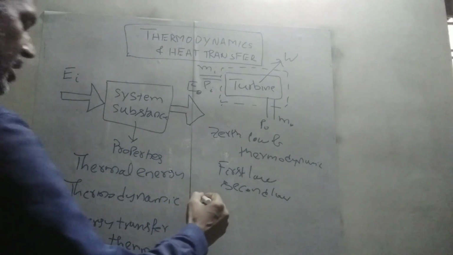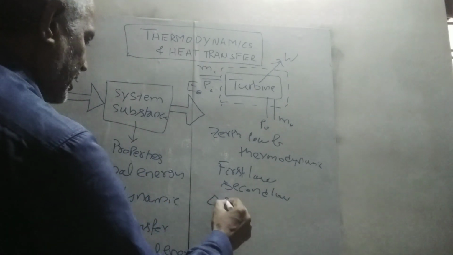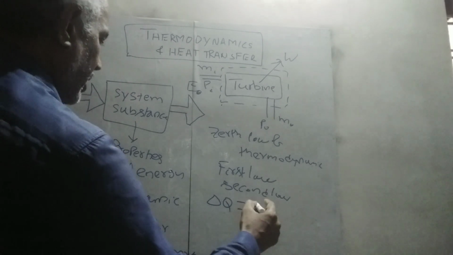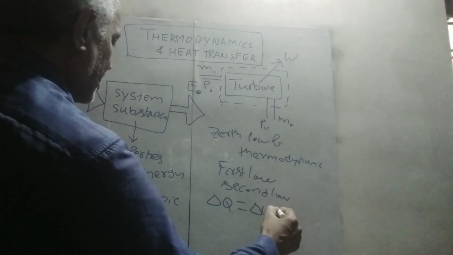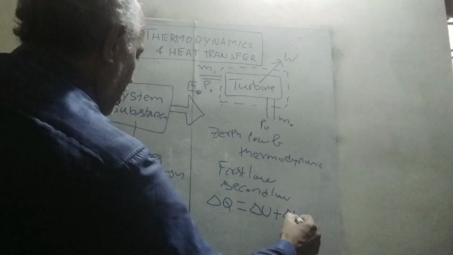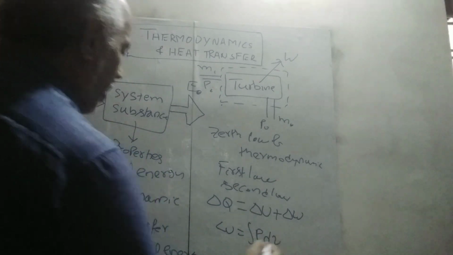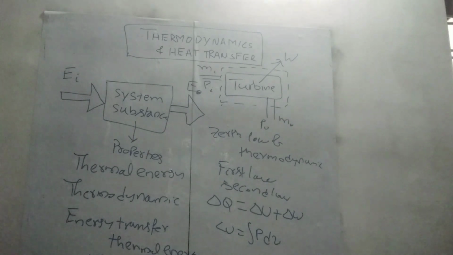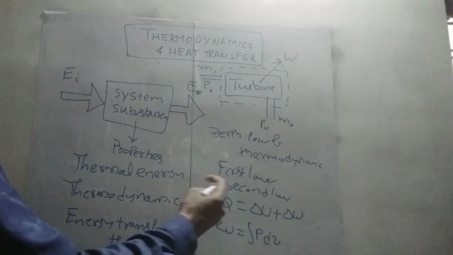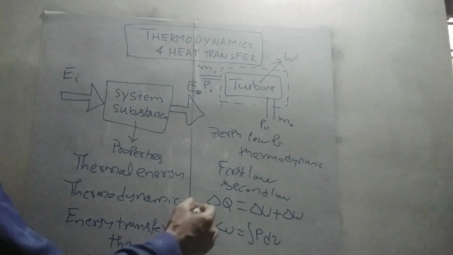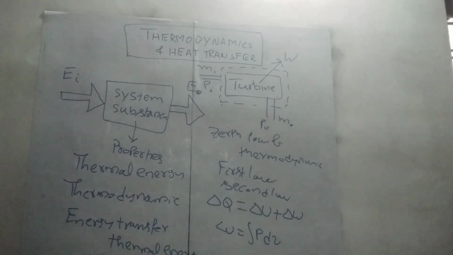Now, according to the first law, delta Q, that is heat input or output, results in raised internal energy plus some work. And this W is integral P dV. And P and E are the properties of the system. So the behavior of the properties of substance and thermal energy and mechanical energy is correlated, and together it is discussed as the subject of thermodynamics.